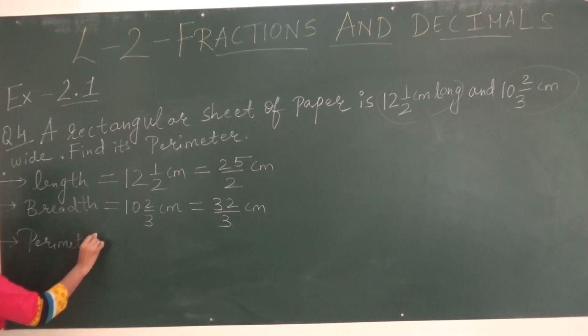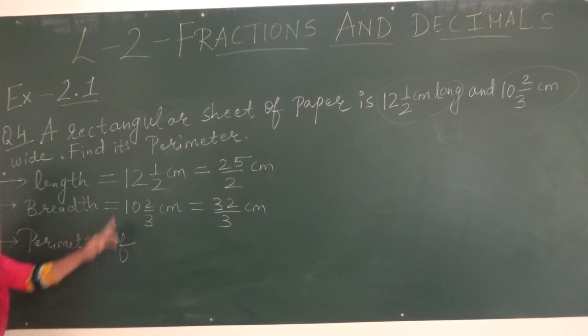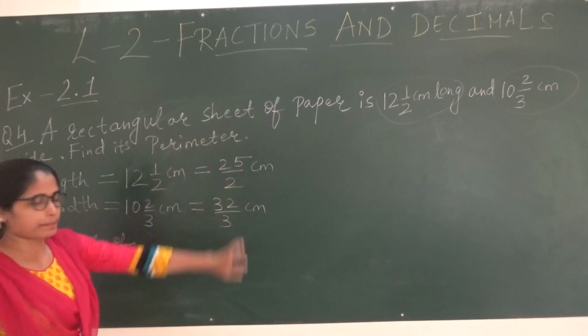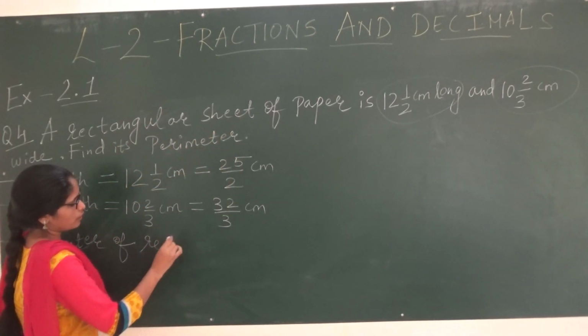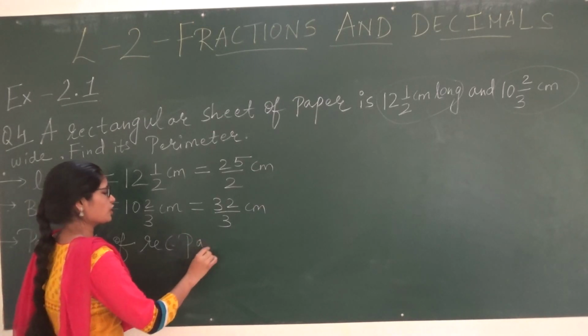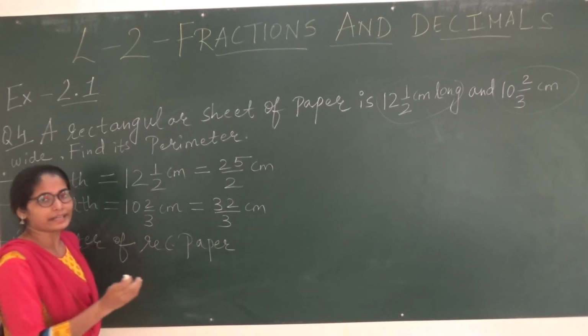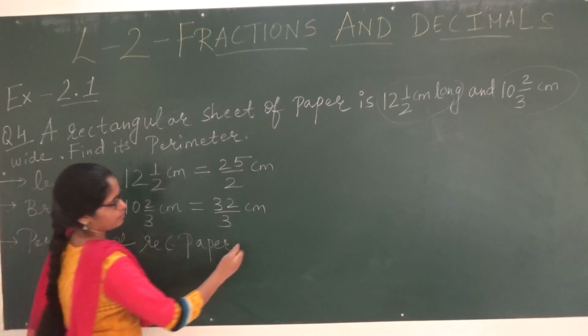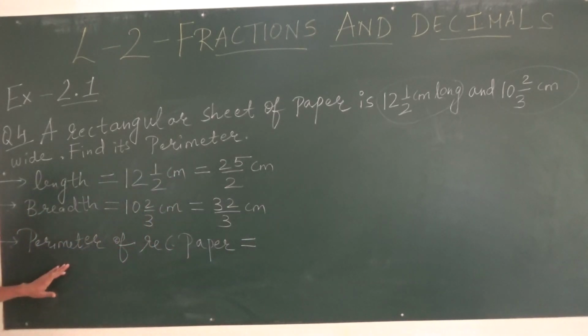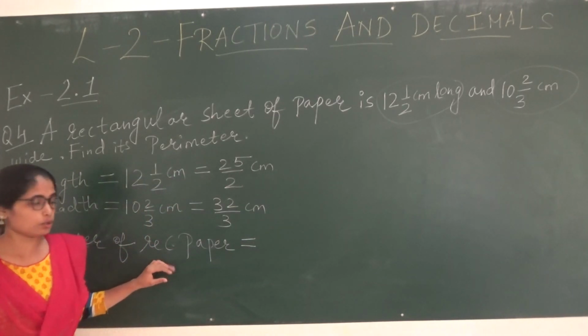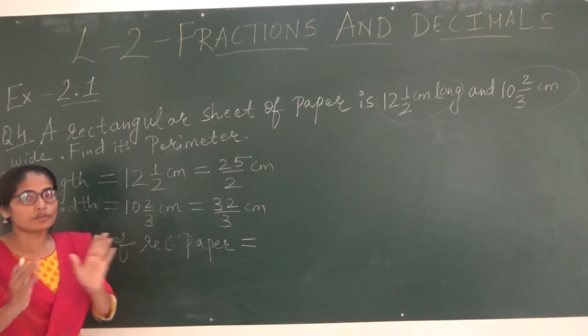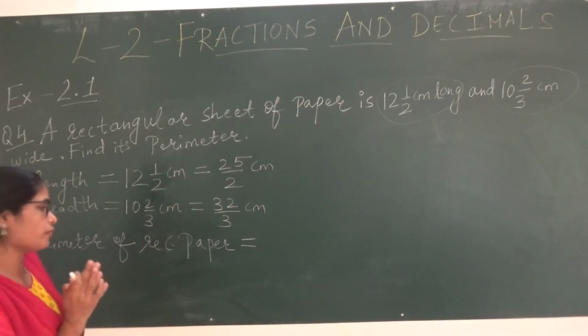So we will find the perimeter of the rectangular sheet of paper. The statement you can write in your own words. Now the shape is a rectangle, so we need to apply the formula for the perimeter of a rectangle.